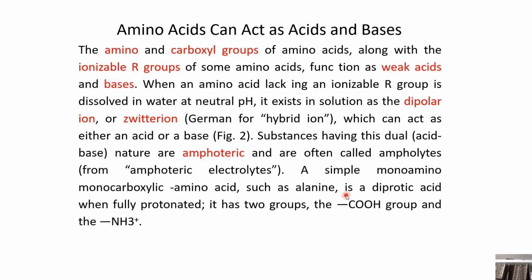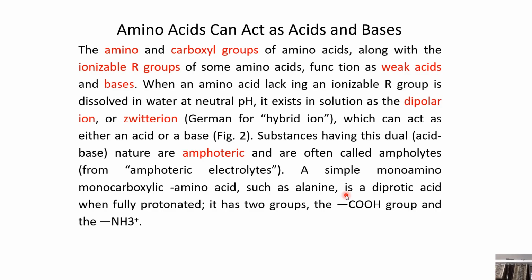Okay. Now, the amino and the carboxyl groups of amino acids, along with the ionizable R groups of some amino acids, function as weak acids and bases. When an amino acid lacking an ionizable R group is dissolved in water at neutral pH, it exists in solution as a dipolar ion or zwitterion, right?